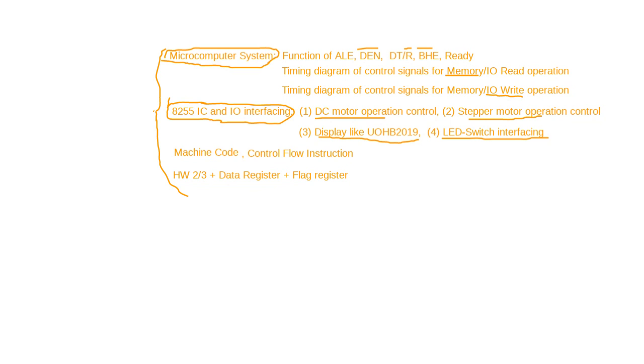Okay, these are the last two chapters. And then we have machine code plus control flow instruction. This is from measure 2. What we discussed during the measure 2 time is enough. And this is from measure 1: homework 2 and 3 plus data register and flag register.